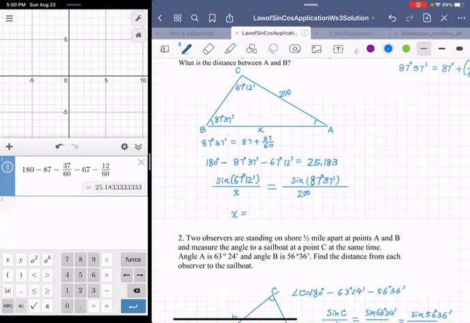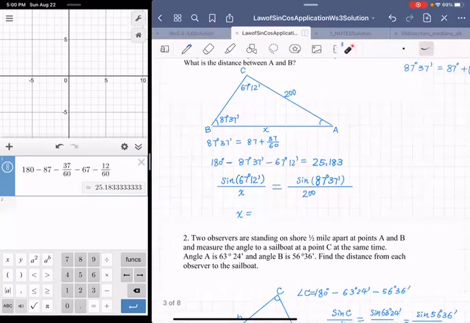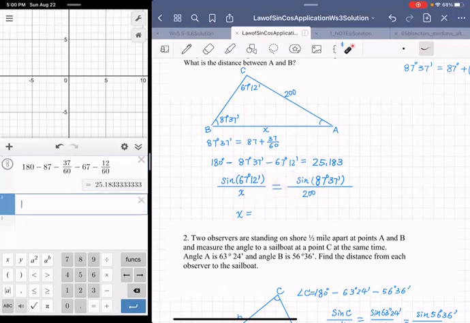And then if you want to do the calculation, you will do the cross multiplication. This product equals to this. So what you do?